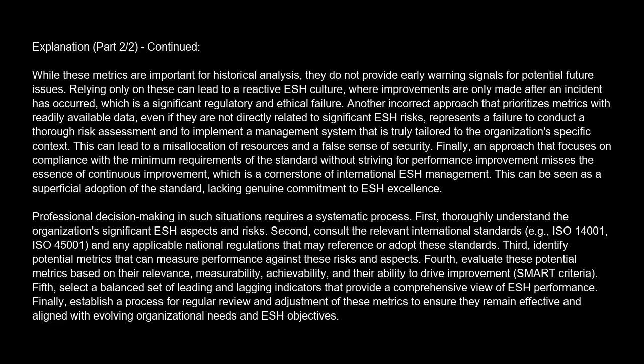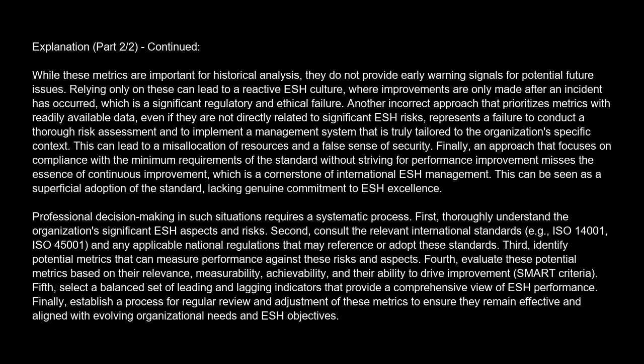Professional decision-making in such situations requires a systematic process. First, thoroughly understand the organization's significant ESH aspects and risks. Second, consult the relevant international standards, e.g., ISO 14001, ISO 45001, and any applicable national regulations that may reference or adopt these standards. Third, identify potential metrics that can measure performance against these risks and aspects.